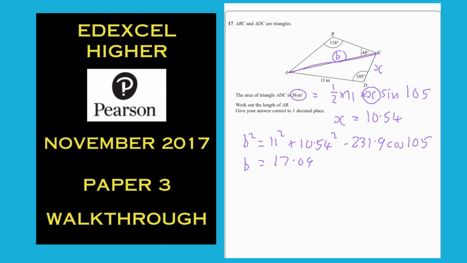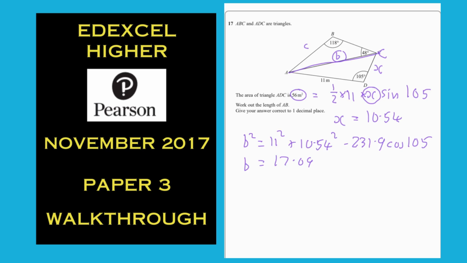Take a deep breath, because what did we do all that rubbish for? Work out the length of AB. I'm going to call it little c, because it's opposite angle big C. Yes, folks, we've got the angle and an opposite side. We've got big B, that's the 118. We've got little b, that's 17-ish. It's now the sine rule.